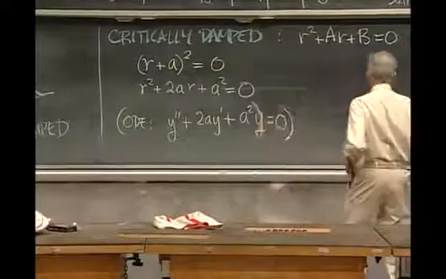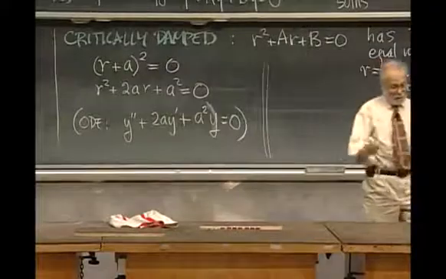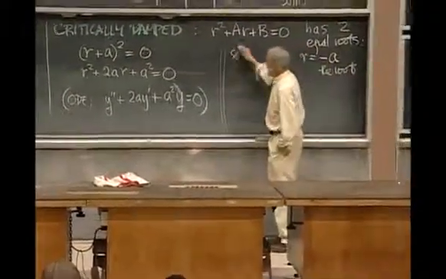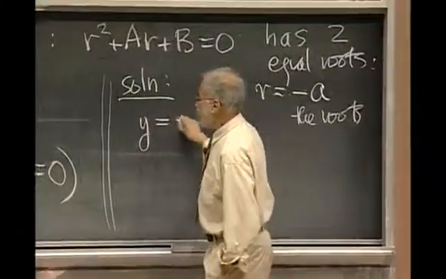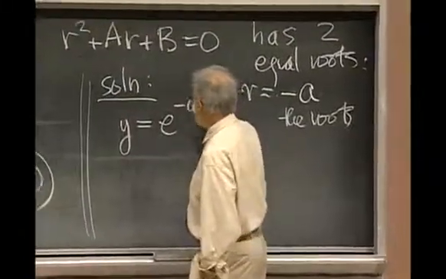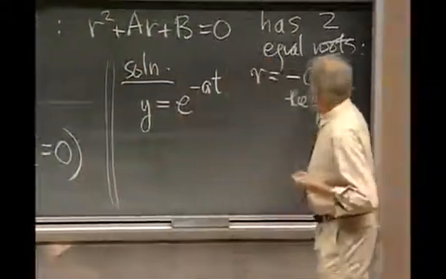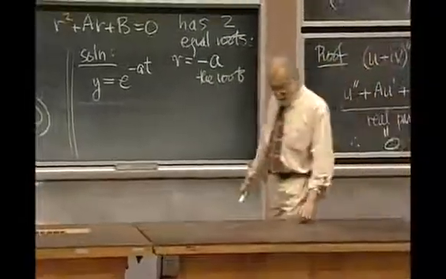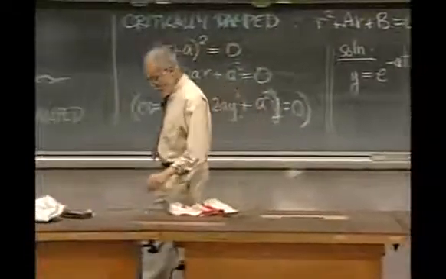Now, what's the problem connected with it? Well, the problem, unfortunately, is staring us in the face when we want to solve it. We have a solution, y equals e to the minus at, but I don't have another root to get another solution with. And the question is, where do I get that other solution from?